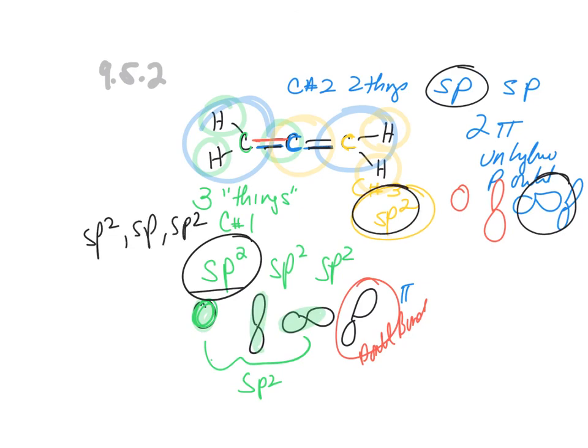And so sp2, sp, sp2, is that C? Yes. So C is the answer. Don't worry about 9.53 or 9.54. Okay, let's go on to a thing called molecular orbital theory.